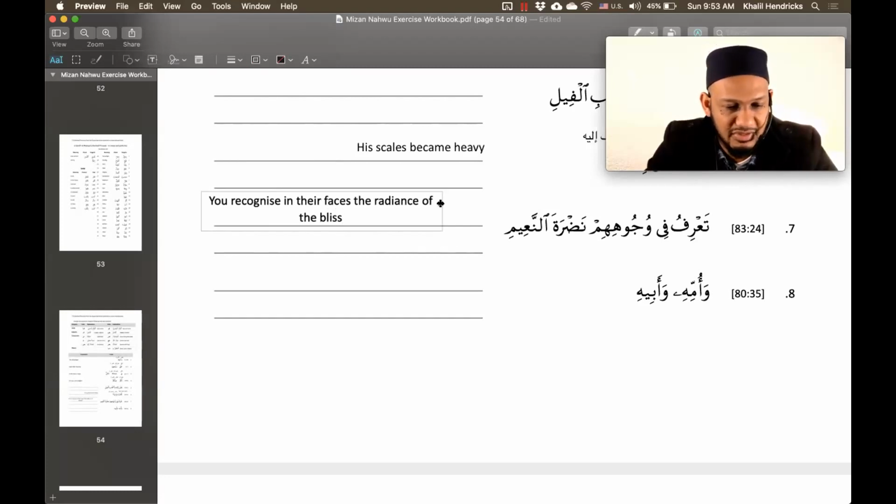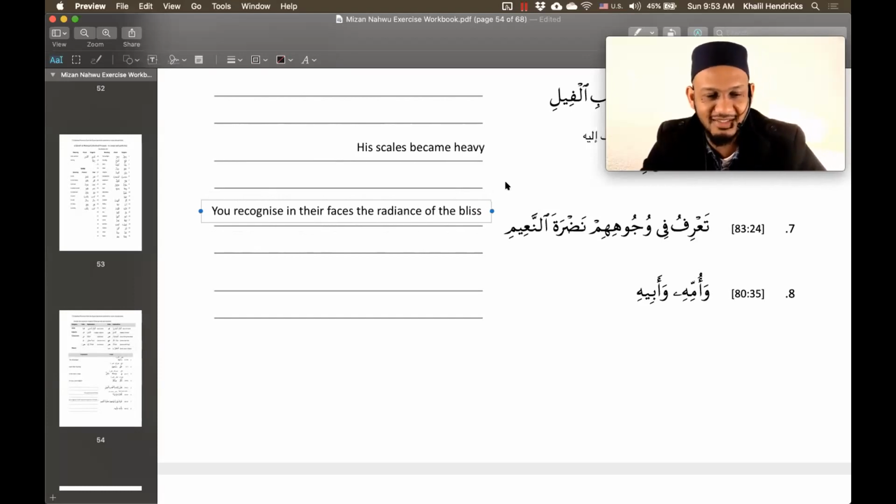The bliss is referring to Jannah, basically. Okay, good. So there we have it, a nice tough sentence, but it's a good sentence. Ta'rifu, you recognize. Allah is speaking about people who are going to be in paradise. Nadrata, you recognize, you see, you come to know. Fi wujuhihim, in their faces.